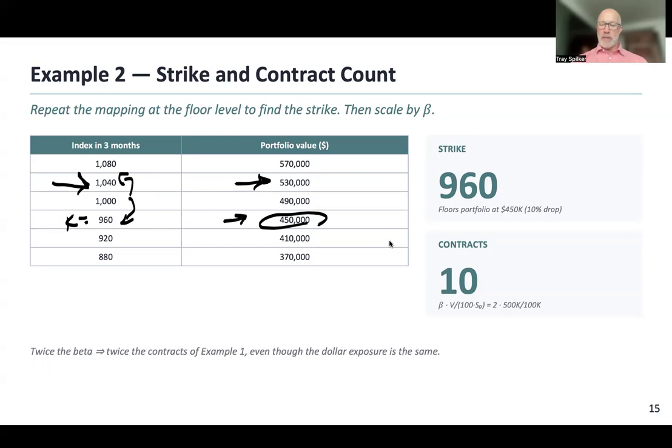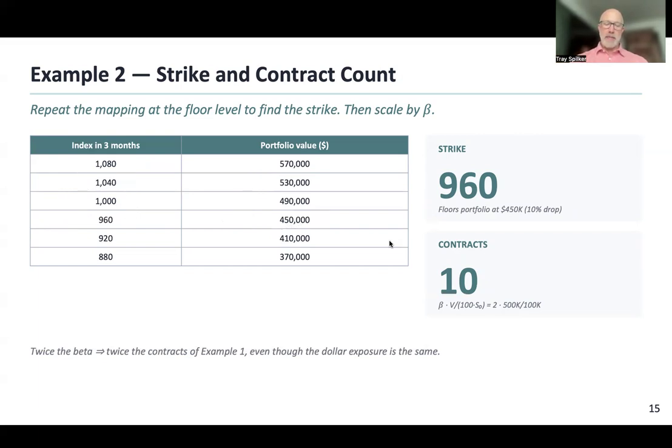So how do we determine this 960 floor value? Well, we work through the same process here, calculating effectively, as in the prior slide, what the portfolio's loss would be, assuming those CAPM assumptions. So working through that, we'll notice that here, the index only has to fall by 4%, right?